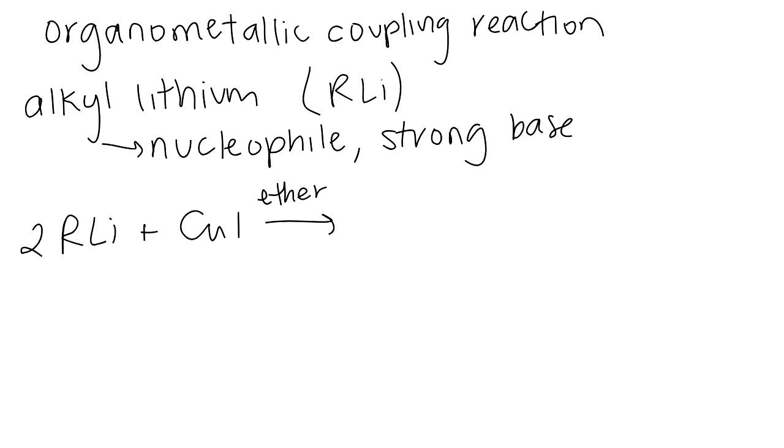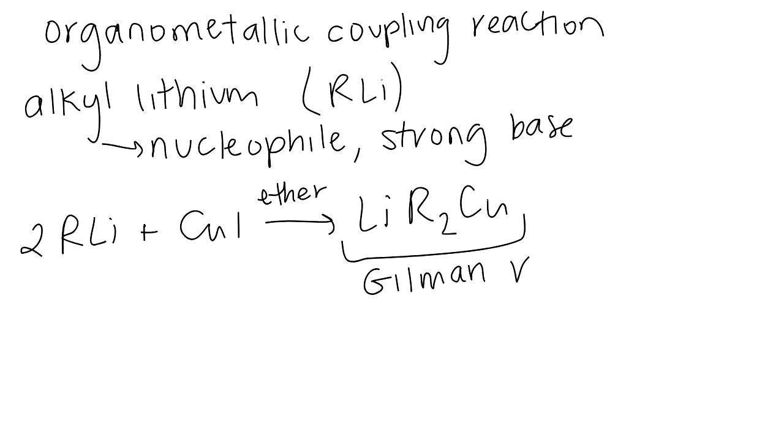Through this process, we're going to make a compound that is LiR2Cu. This particular compound is called a Gilman reagent. And the whole reason we're trying to make a Gilman reagent is because we can then add the Gilman reagent to another hydrocarbon in order to make a longer chain.